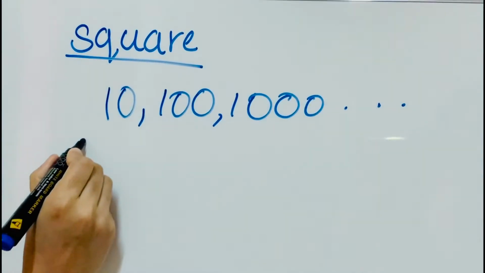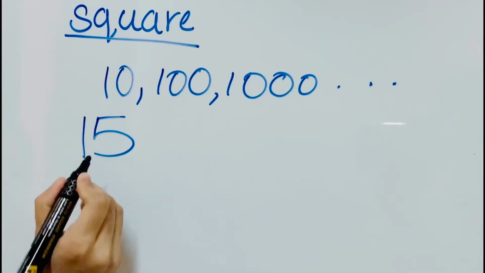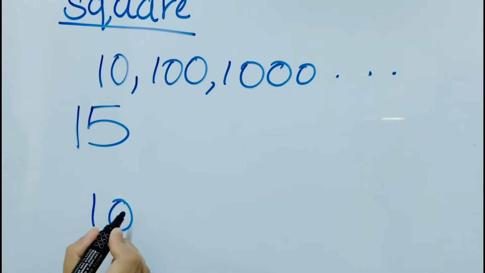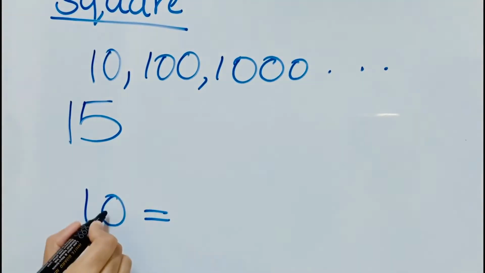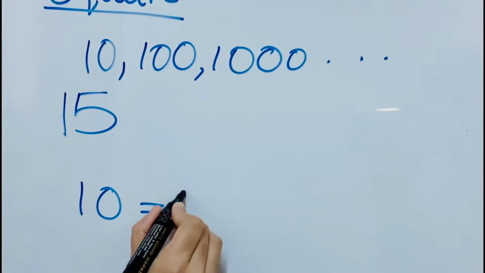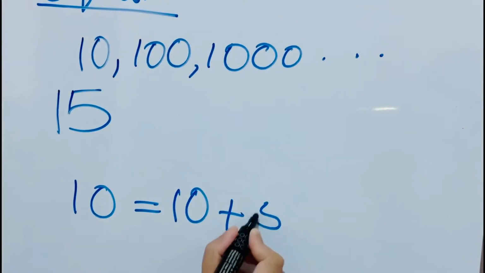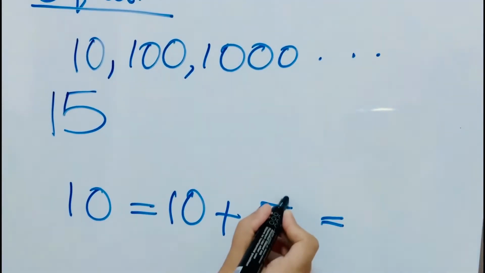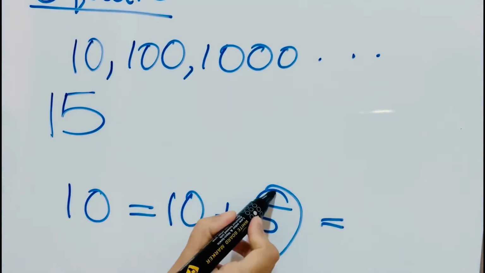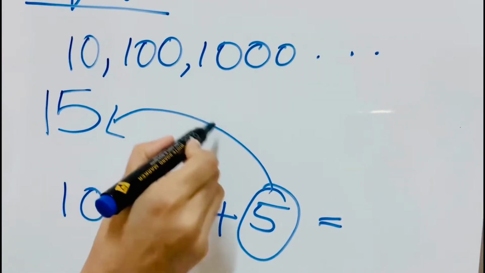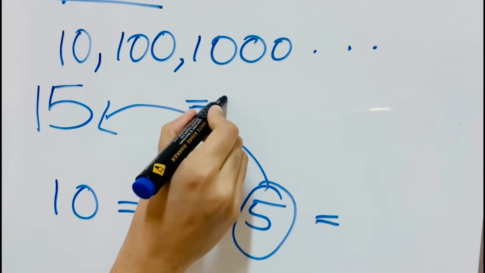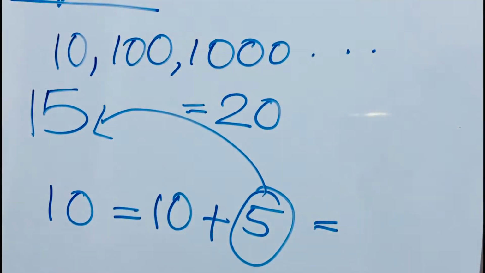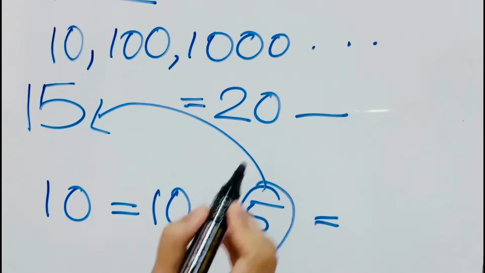Now we can find the square of 15. Here also our base is 10. The difference between 10 and 15 is 10 plus 5 is 15, so this is our difference. Add this difference to this number: 15 plus 5 is 20. Then one more number is needed.